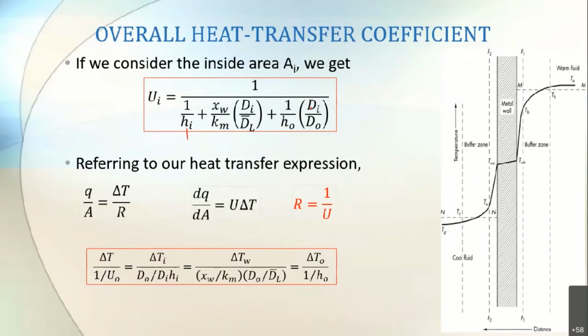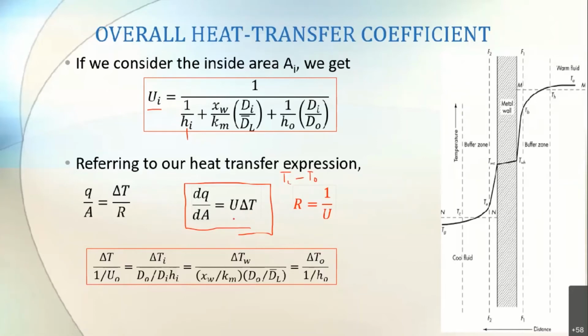DI is the inside diameter and DO is the outside diameter. So this is how we get our value of U. Now to get the value of Q, this is the equation for Q: dQ over dA is equal to U delta T. Delta T here refers to T inside minus T outside.